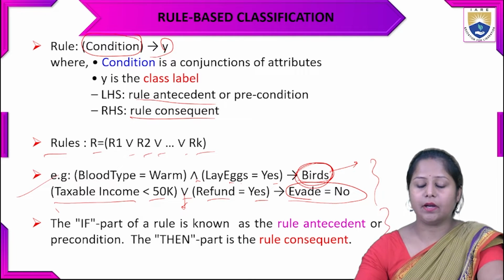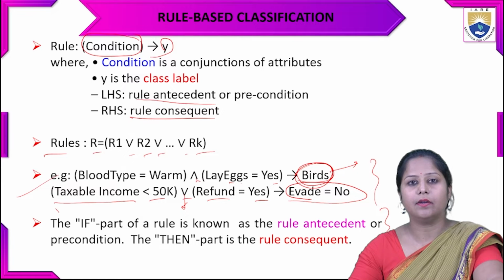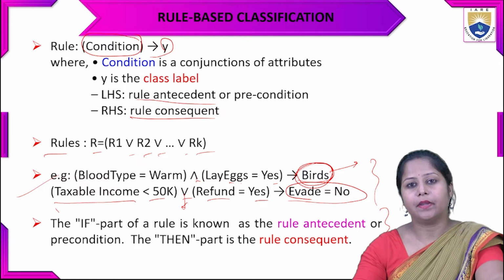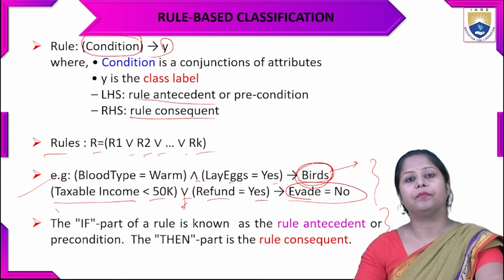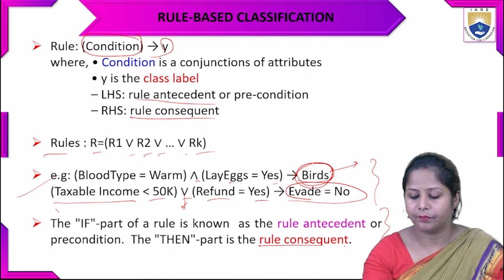The if part of any rule is known as the rule antecedent, or we can say the precondition, and the then part is the rule consequent.